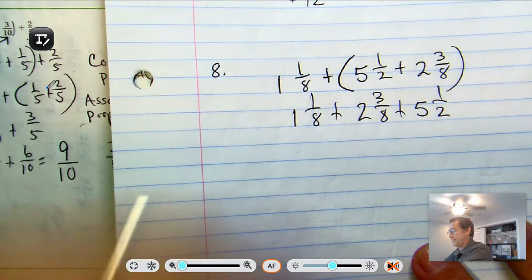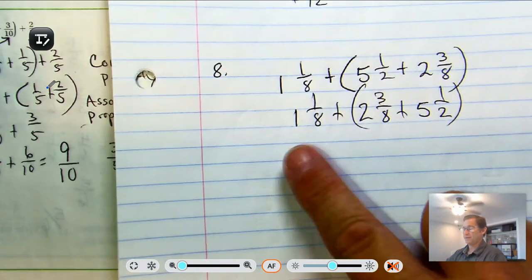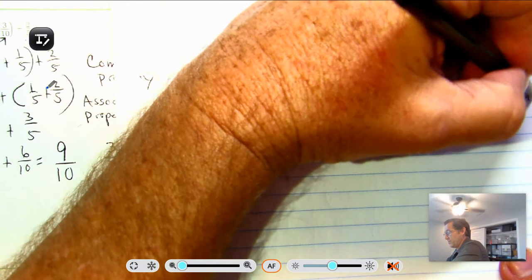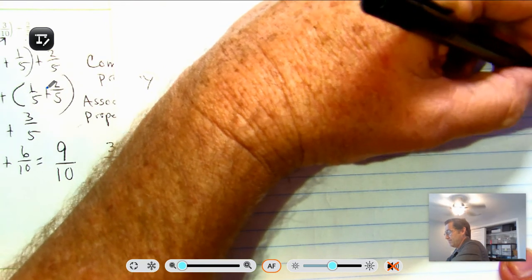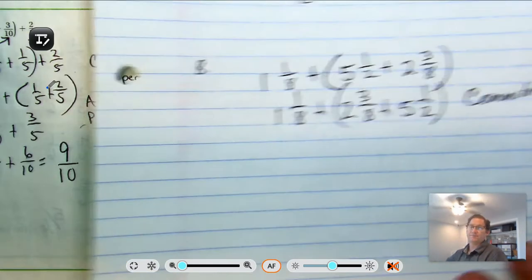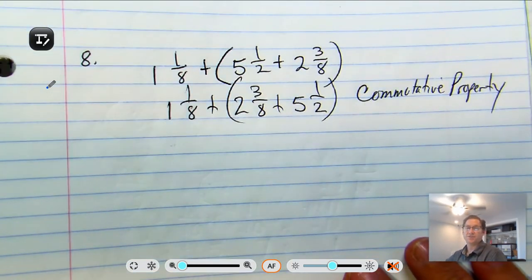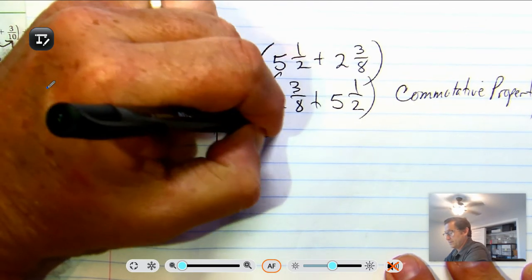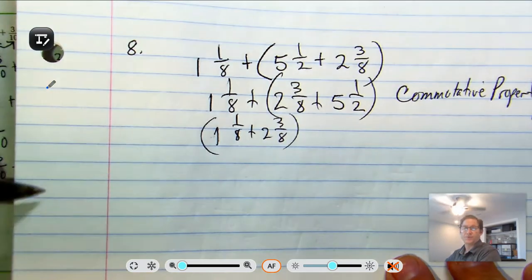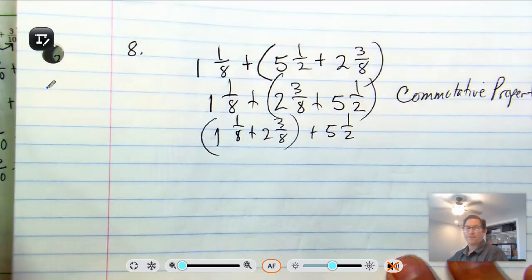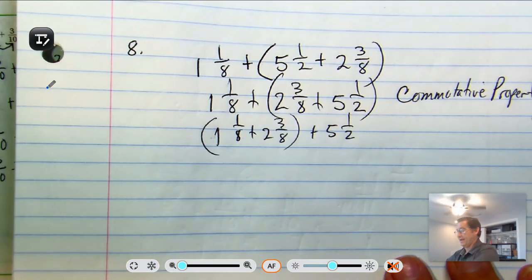Okay, so now we have 2 3/8 closer to 1 1/8, and we did that by using the commutative property. Commutative property of addition. Now we're going to use the associative property to group them together, the eighths together, and then add the 5 1/2.